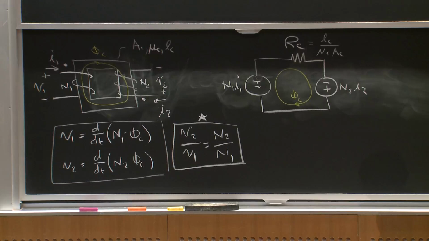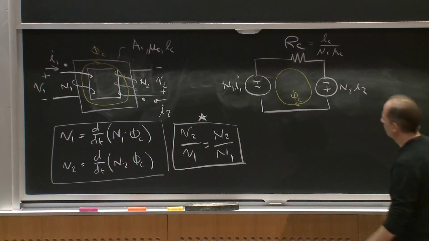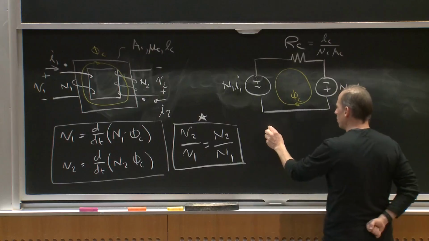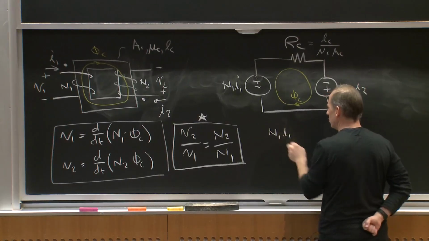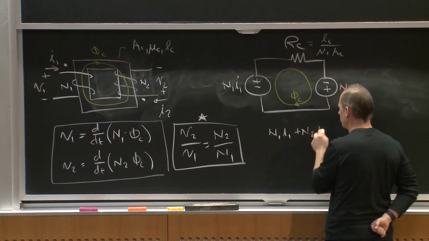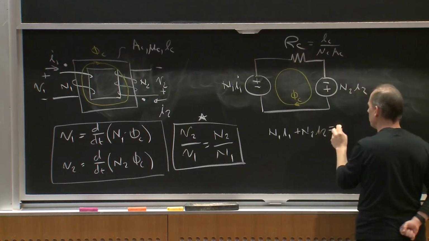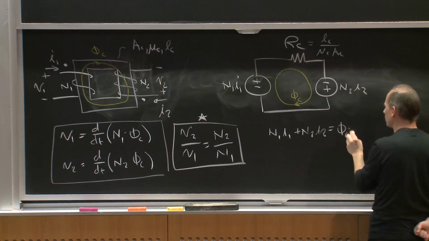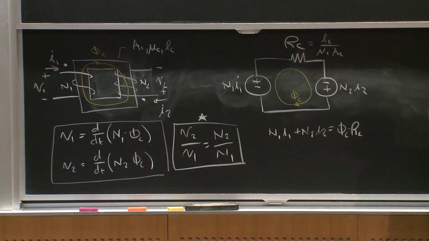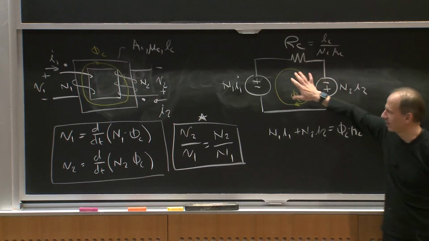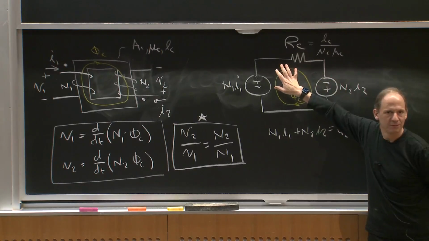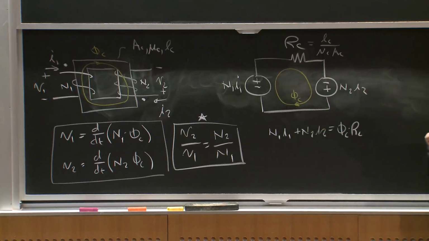Well, what else can I say about this system? N1 I1 plus N2 I2 is the total MMF here, and that's got to be equal to phi core times the reluctance of the core. Right? That's just magnetic KVL here. Okay? Well, all right. What can I say?